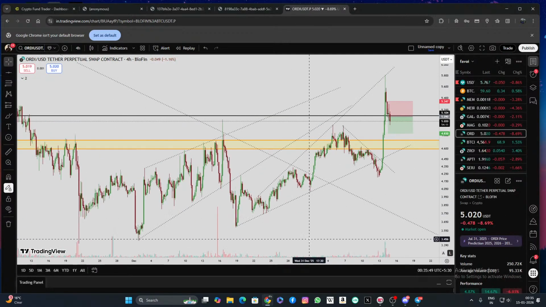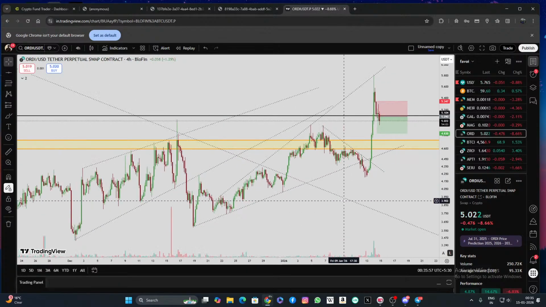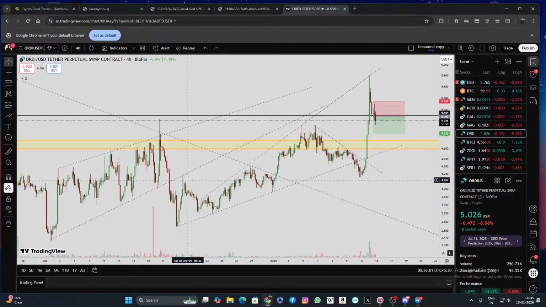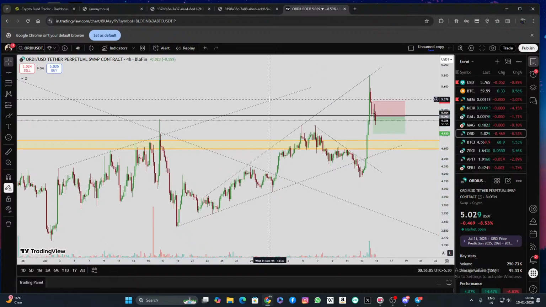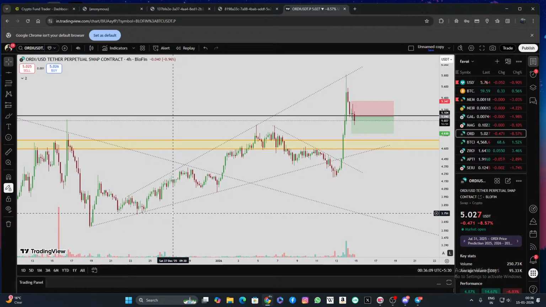As I said, the market always respects the trend line. If it's a valid trend line, the market will always respect it. So let me clear a bit. See here, this is a resistance trend line.